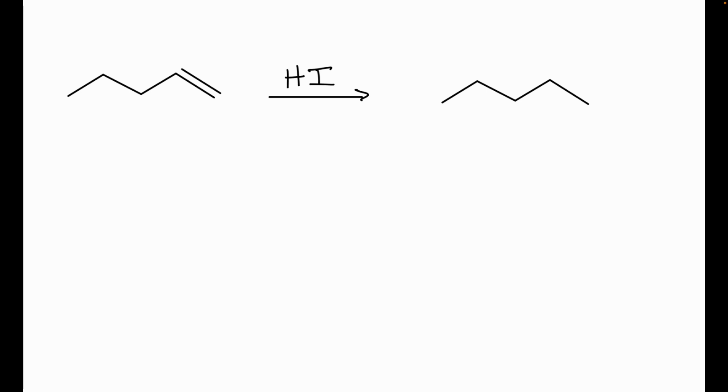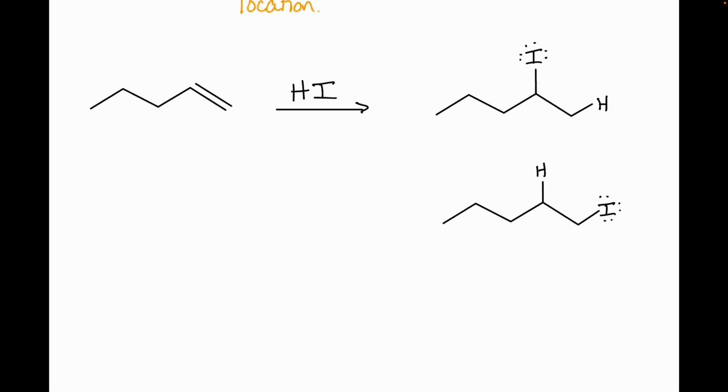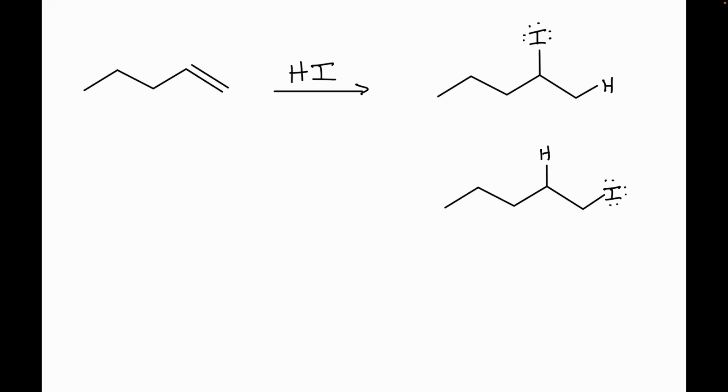Okay, so based on analogy of what we just did, you would put your halogen on one carbon and the hydrogen on the other, and then you would swap. So now I'm going to draw my other product. H is here. And I is here.